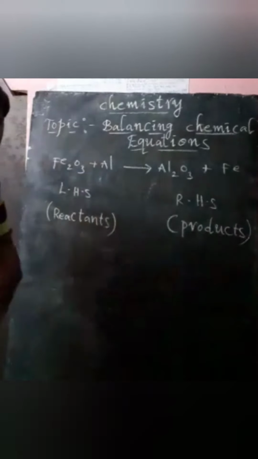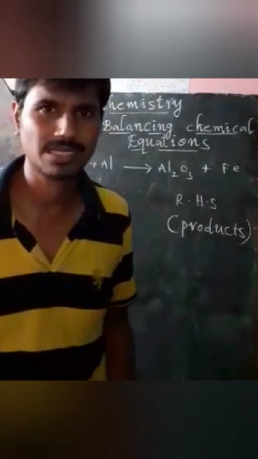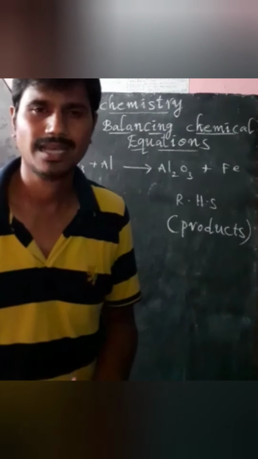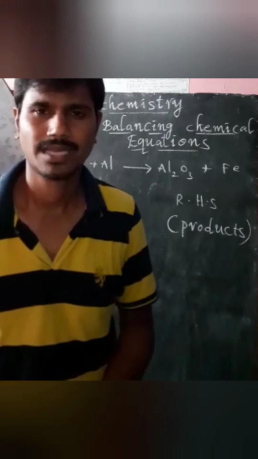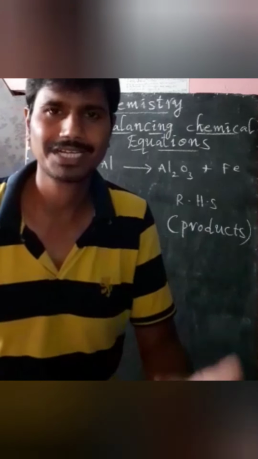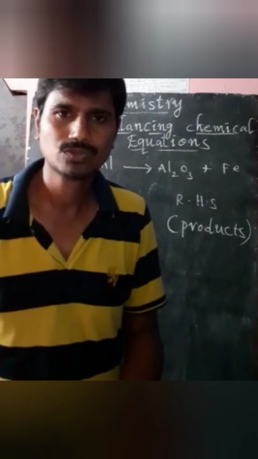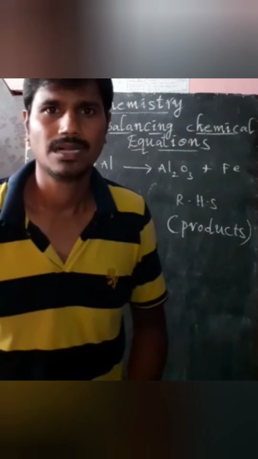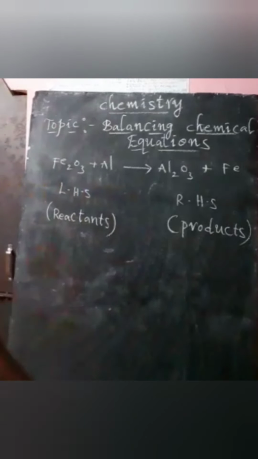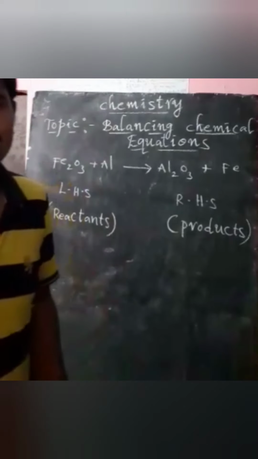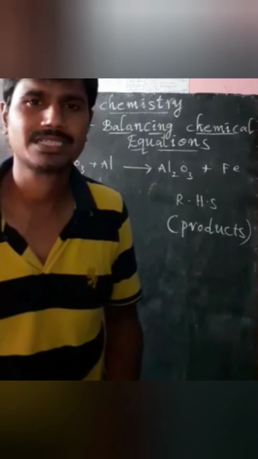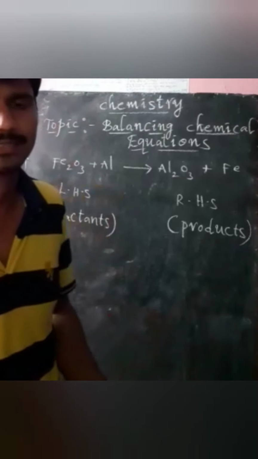So before going to balancing a chemical equation, what are reactants and products? Reactants are chemical substances which undergo a chemical reaction. Again I am repeating, the chemical substances which participate in the chemical reaction, those we call reactants.